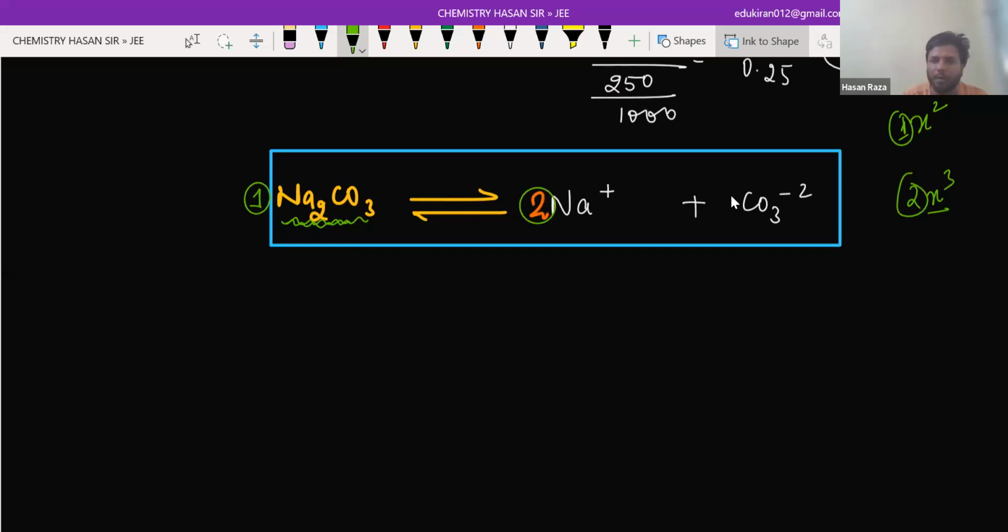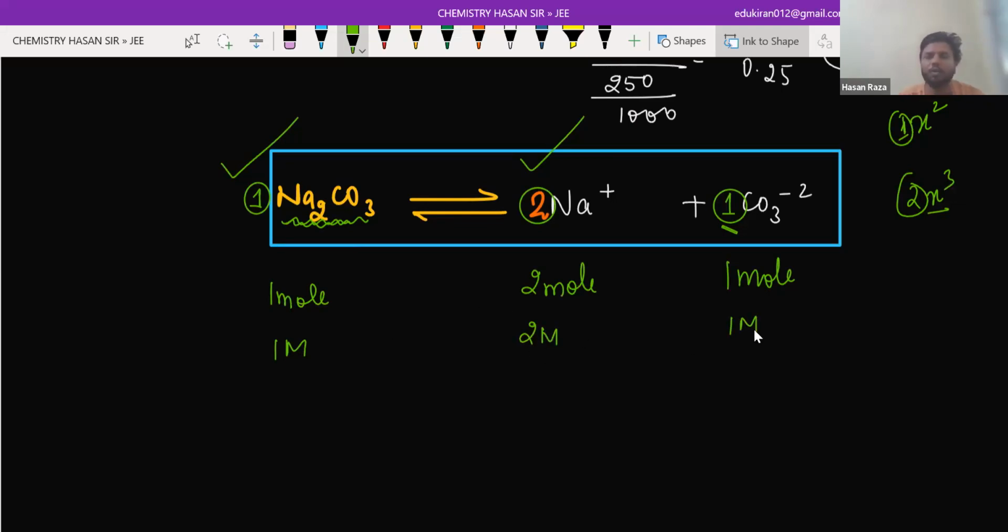That is 2. And of CO3 minus 2 is 1. So in terms of mole, 1 mole of Na2CO3 will give 2 mole of Na plus and 1 mole of CO3 minus 2. In the same way, 1 molarity of Na2CO3 will give 2 molarity of Na plus and 1 molarity of CO3 minus 2.